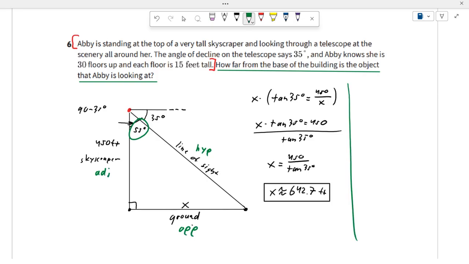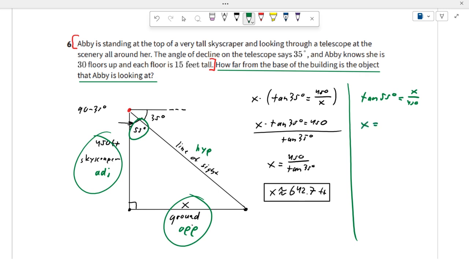And so again, this is just extra. I want to connect adjacent with opposite, which means we're still going to use tangent. So tangent, this time it's 55, equals. The definition for tangent is opposite, which in this case is x, over adjacent, which is 450. All right, the definition doesn't change. It's opposite over adjacent.